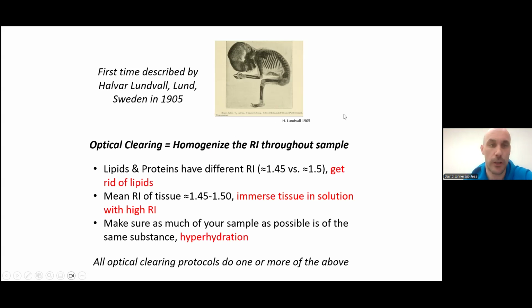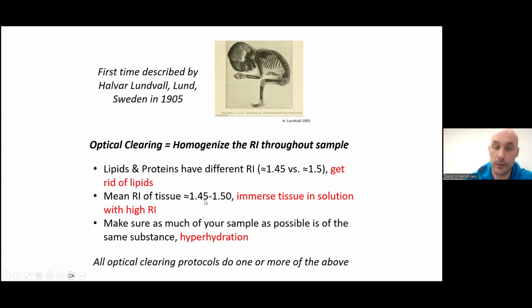So how can we homogenize the refractive index in a biological sample? Well, lipids and proteins are of different refractive indices. So one way is to get rid of lipids. Typically we are more interested in the proteins, so we don't care too much about getting rid of the lipids. So that's one way of doing it.